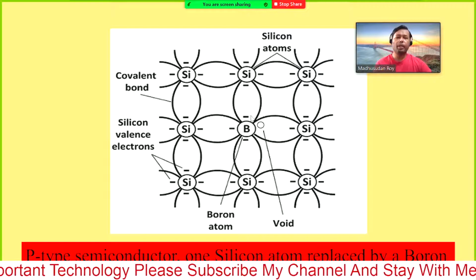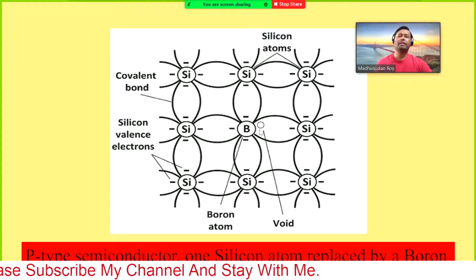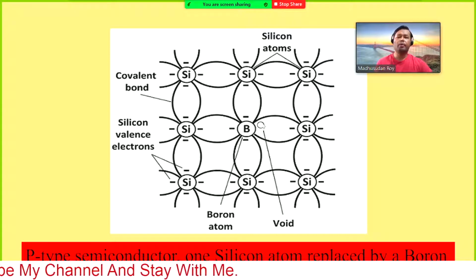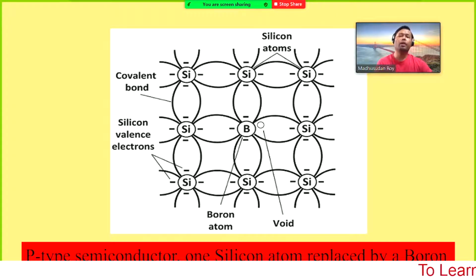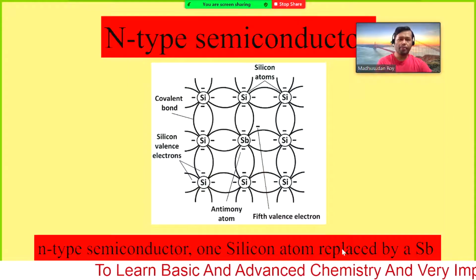But if we replace one silicon by one boron, in that case we do not have one electron here, therefore we have a free space, so that can be considered as a hole, and that hole can transfer electron from the outside to the nearby hole, so in one direction it can transfer.